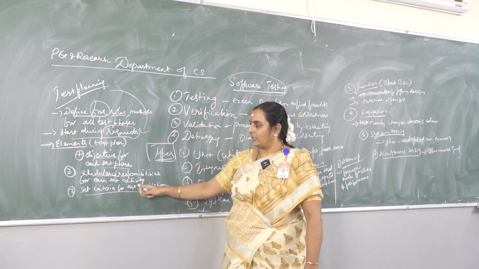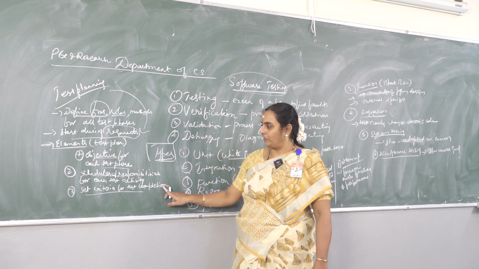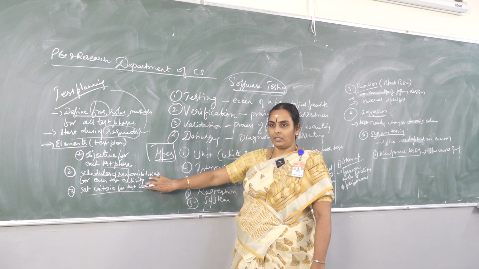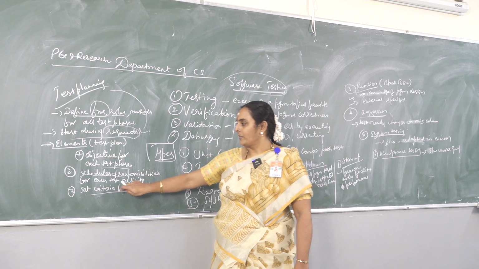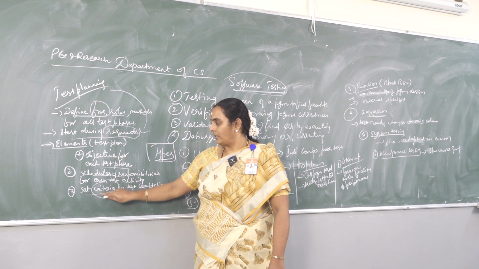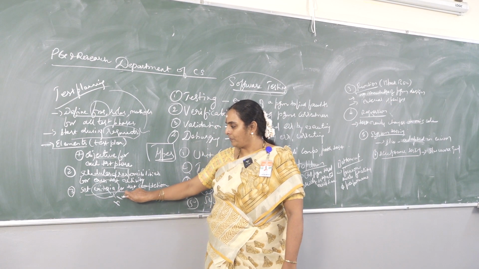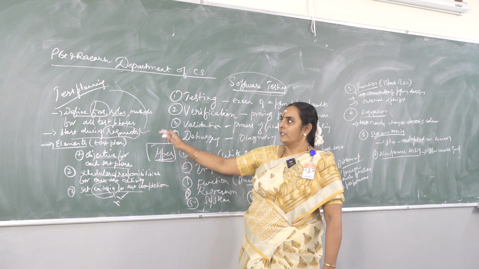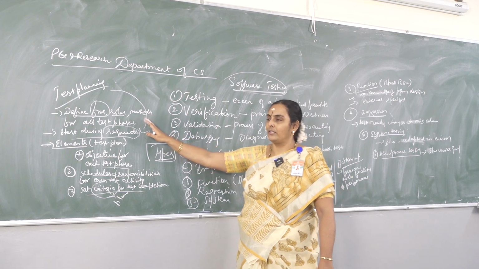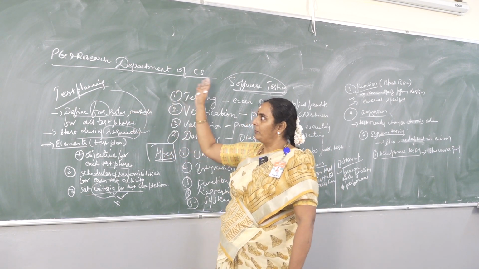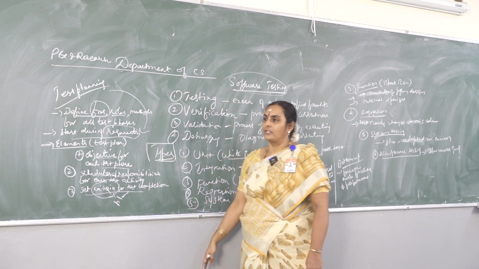The last element is setting the criteria for test completion. In order to complete the test successfully, this criteria is very important. Otherwise, you can say it is the planning of the exact test phases. So this test planning is defined first, before we go for the testing models.